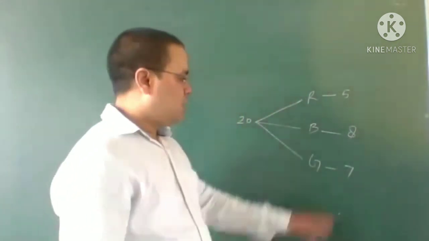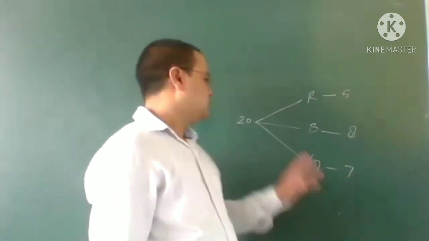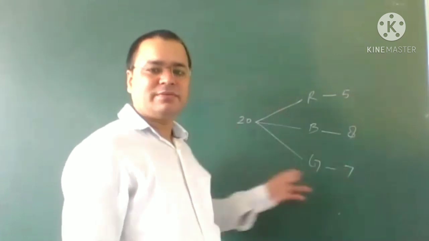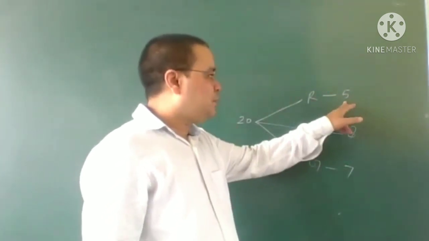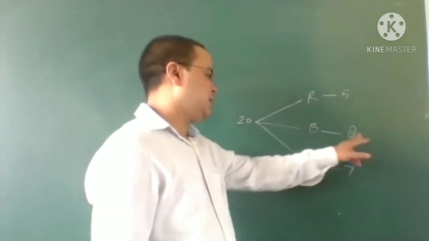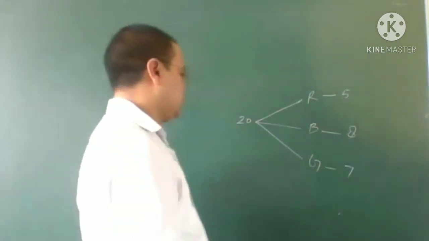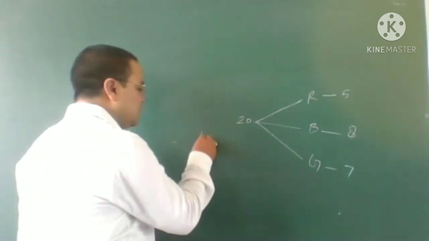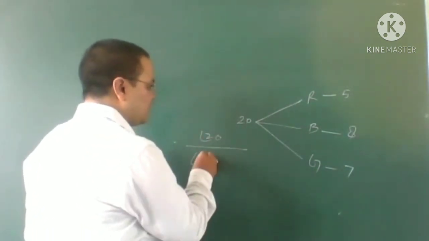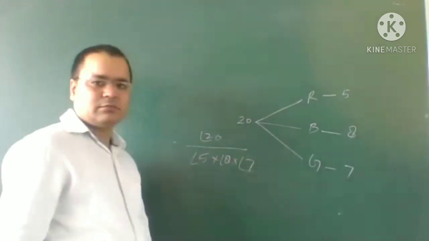Now you add 5, 8 is 13, and 7, 20. 20 objects, total number of objects, out of which P, Q and R are different. Means red type 5, blue type 8 and green type 7. Then total number of permutations is what? The total number of permutations will be factorial 20 upon factorial 5 into factorial 8 into factorial 7.